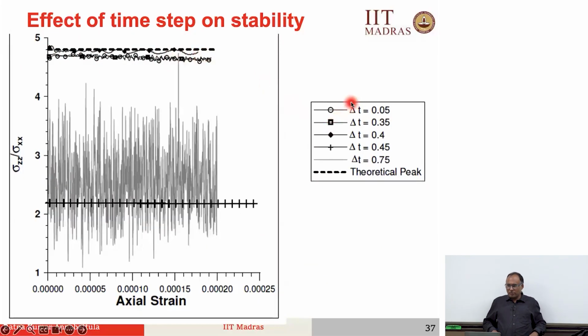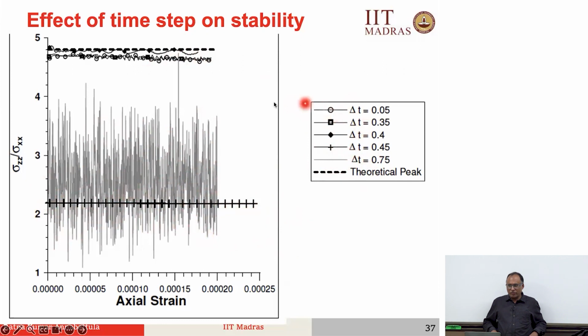Now what you have done is you have solved the system using different delta t's. You can see delta t of 0.75, a very large time step, is this fellow. It is oscillating about a point, but it is not stable, and 0.45 is this fellow. It is not oscillating, but it is actually giving you a different solution.